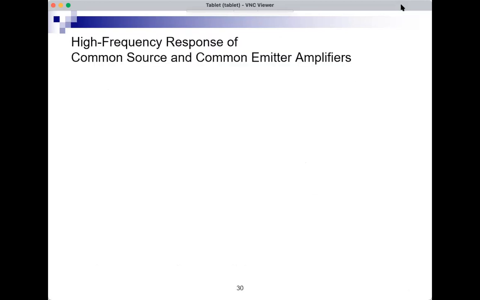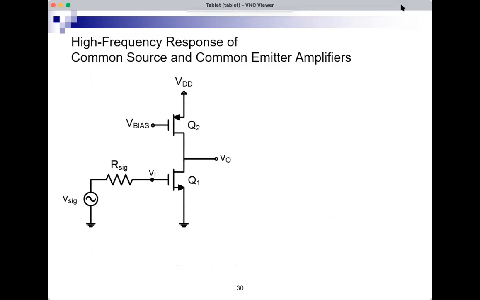What if we're given a circuit, a common source amplifier or common emitter amplifier, two very popular amplifier configurations? How can I find the bandwidth of the common source amplifier or the common emitter amplifier? A circuit like this. So I don't have now the transfer function, I have the circuit, and I want to find the bandwidth of such an amplifier.